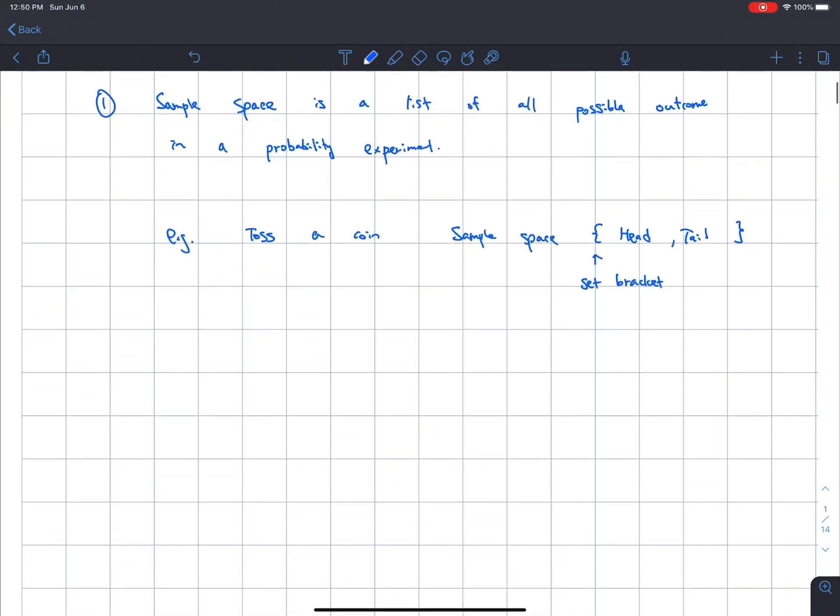And then, so sample space is the first thing that we need to know.